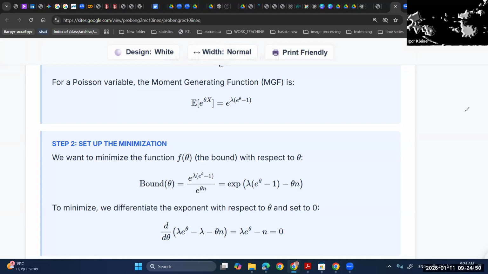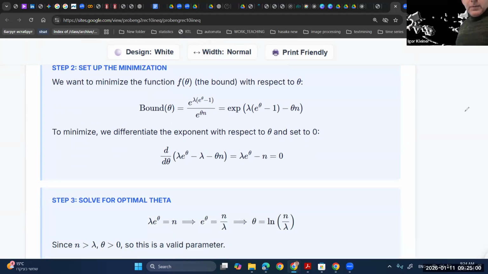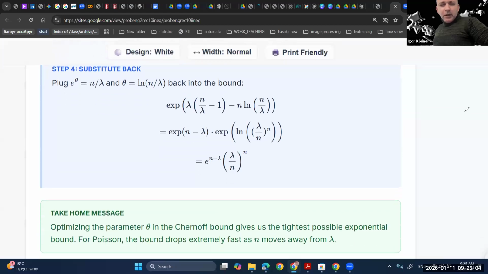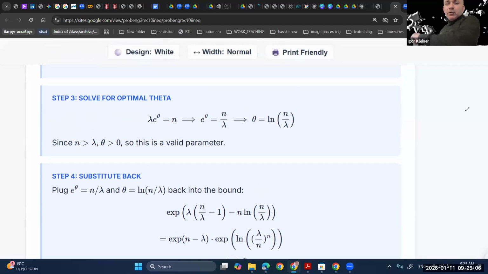We find the derivative with respect to theta, set it equal to 0, find the solution, and check the second derivative. We find the first derivative and substitute back. In general, we also need to find the second derivative to ensure that it's a minimum.